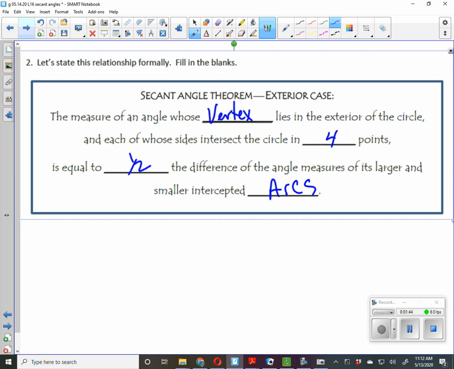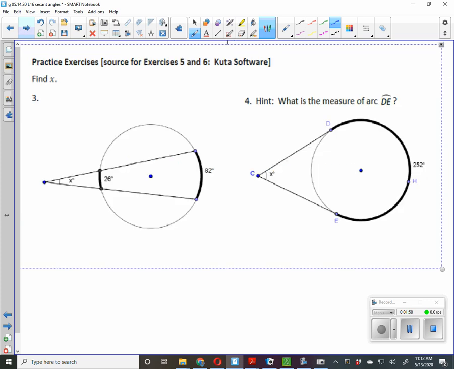Okay, so that was the formula that I gave you on the previous page. We're going to jump right into this and see if it actually works out the way we've presented it.